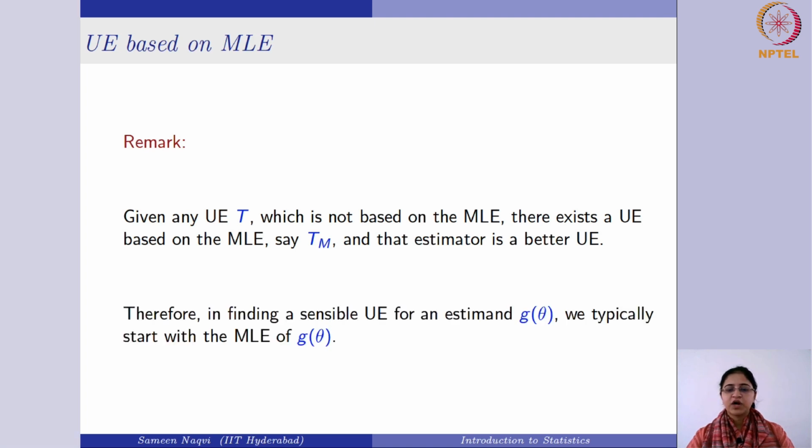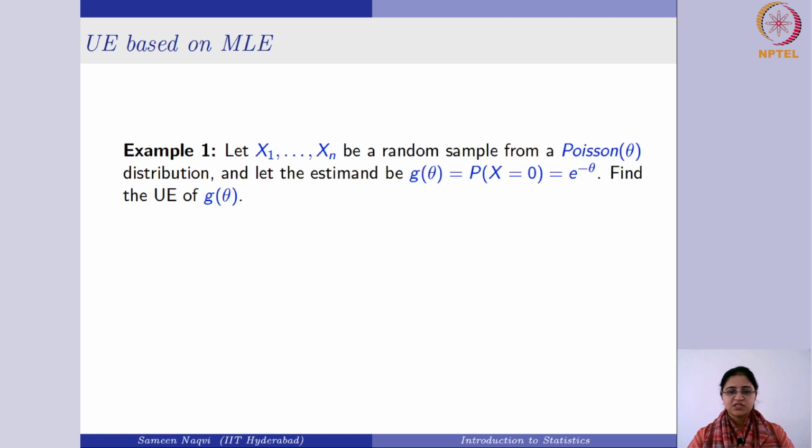Whenever you have to find a sensible unbiased estimator for your estimate g of theta, you typically start with the MLE of that. Once you start with the MLE of this estimate, whatever unbiased estimator you finally get would be a better one. To understand this, let us consider two examples.